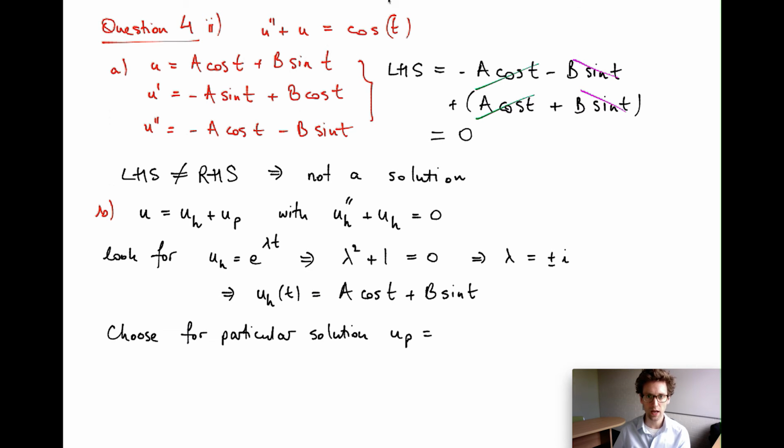So the right-hand side is a trig function. You'd think I would just choose the most general possible trig function as my particular solution. But we saw that my homogeneous solution is already the trig functions, cosine t and sine t. So what I'm going to have to do is form a new solution by multiplying by t.